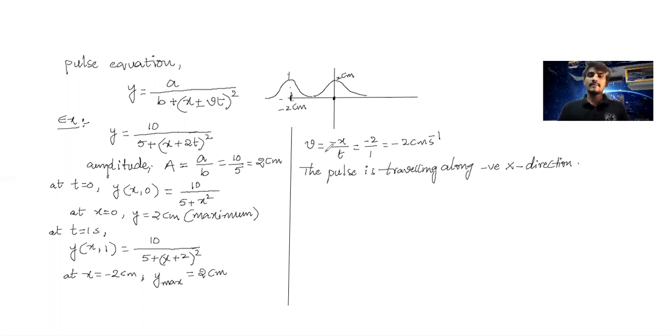And if we write it as y of x plus vt, see here it is x plus vt, that's why we can understand that the pulse is going towards the left, with 2 centimeters per second velocity.